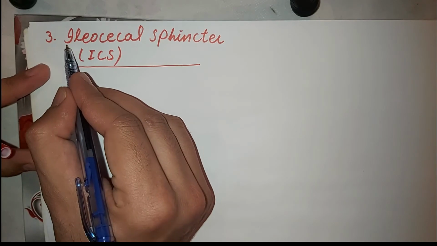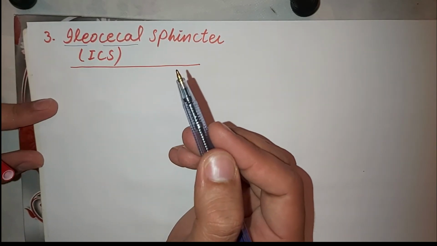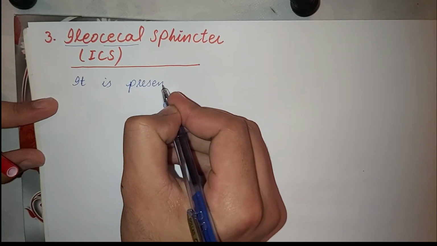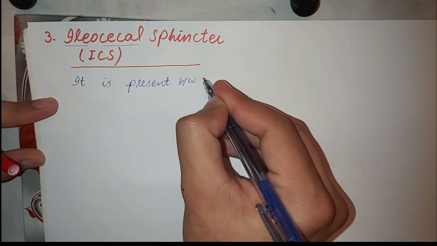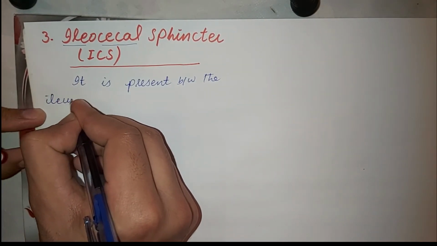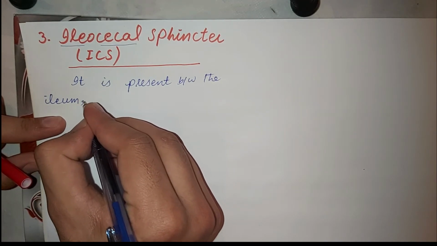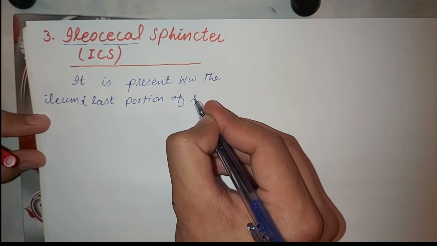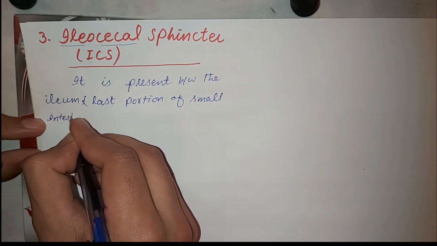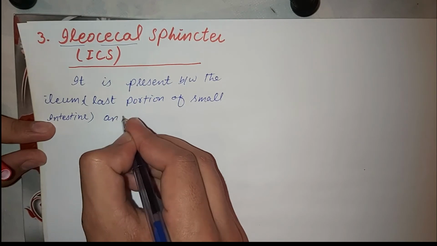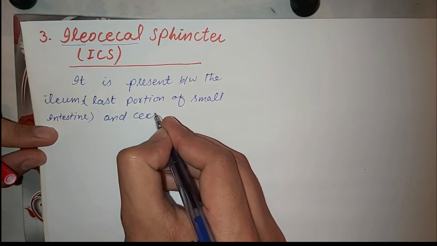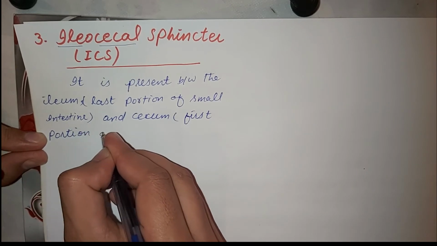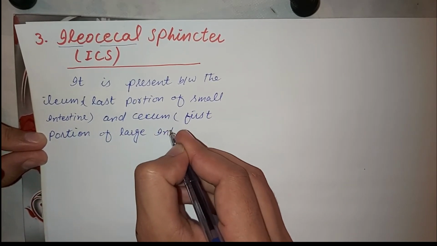From the name we can see that the ileocecal sphincter is present between the ileum, the last portion of the small intestine, and the cecum, the first portion of the large intestine.